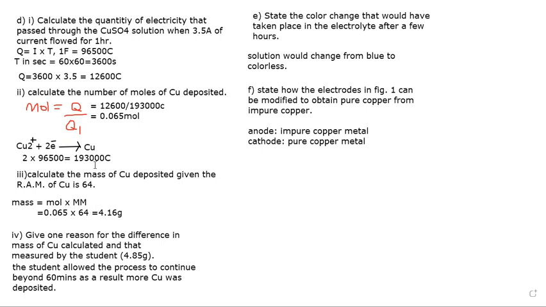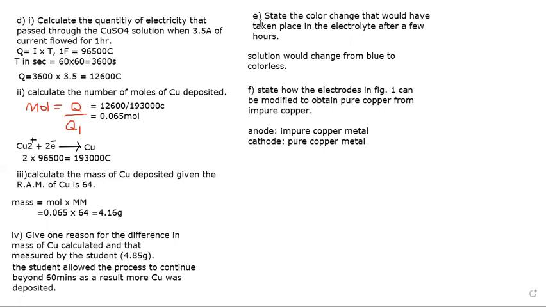Remember, the longer the experiment is allowed to continue, the more mass of copper is deposited. So if the student got 4.85 gram, it means that they could have allowed the experiment to go beyond the 60 minutes as they should have done. All right, so the extended time is a possibility.